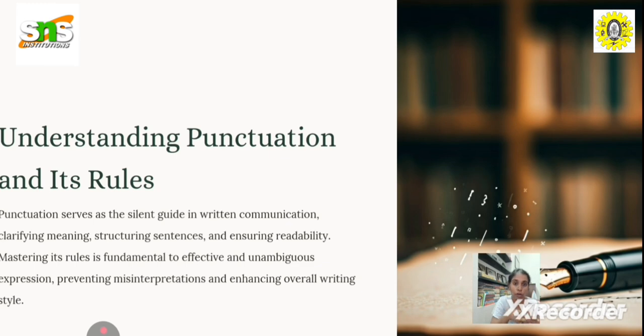These four punctuation marks are called ending punctuation marks. So these four marks we usually use at the end. All sentences must end with terminal punctuation. So period, question mark, exclamation, and ellipsis we use at the end of the sentence.